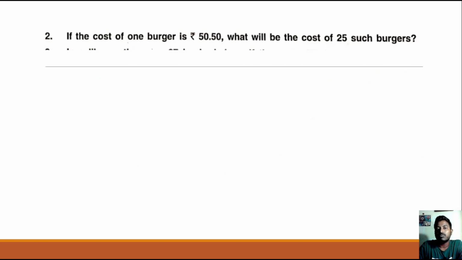Next, question number 2. If the cost of one burger is given, first write down the cost of one burger is equal to rupees 50.50.